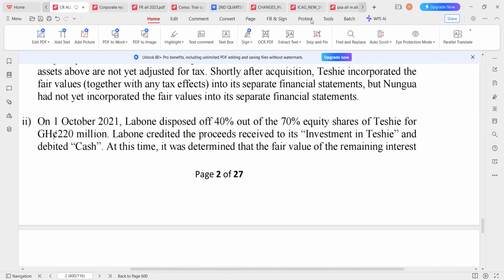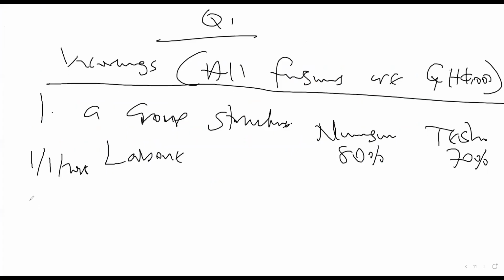So as of 1st October 2021, we made a disposal of 40%.